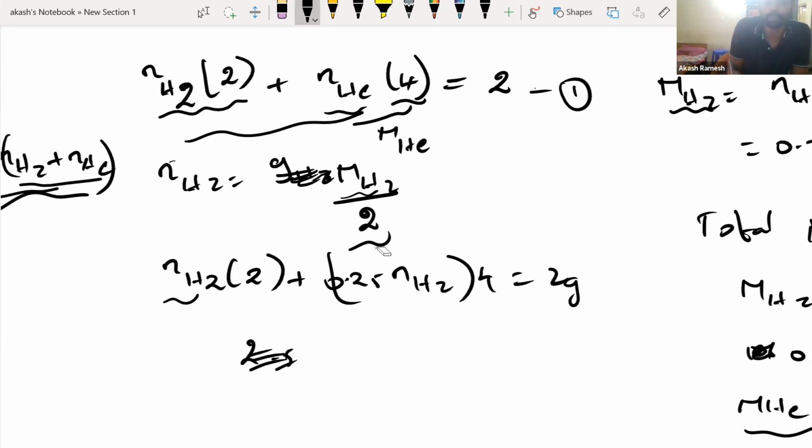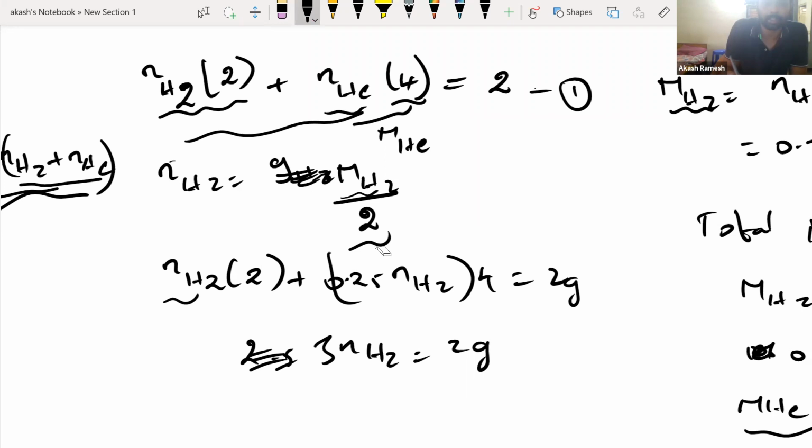It'll be 0.25 into 4 will become 1. Right. So now 1 H2. Now here I have 2 H2. So they'll become 3 into number of moles of H2, not 3 H2, guys. I'm sorry. Right. 3 into number of moles of H2 is basically 2 grams.